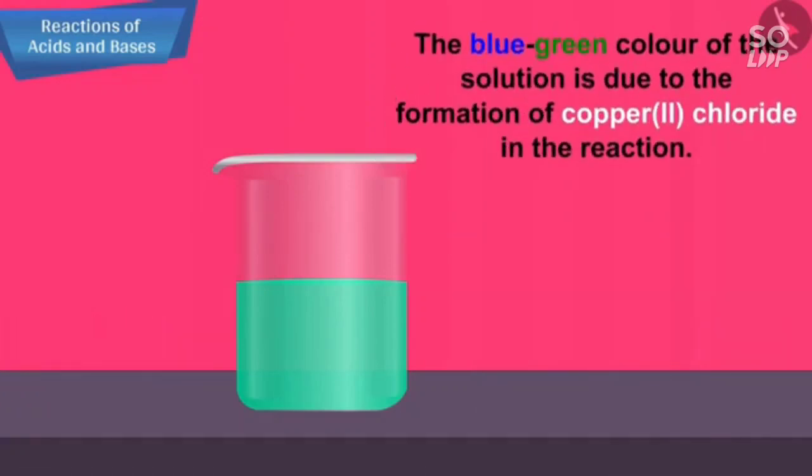The blue-green color of the solution is due to the formation of copper(II) chloride in the reaction. So, we can conclude that acids react with metal oxides to form salt and water.